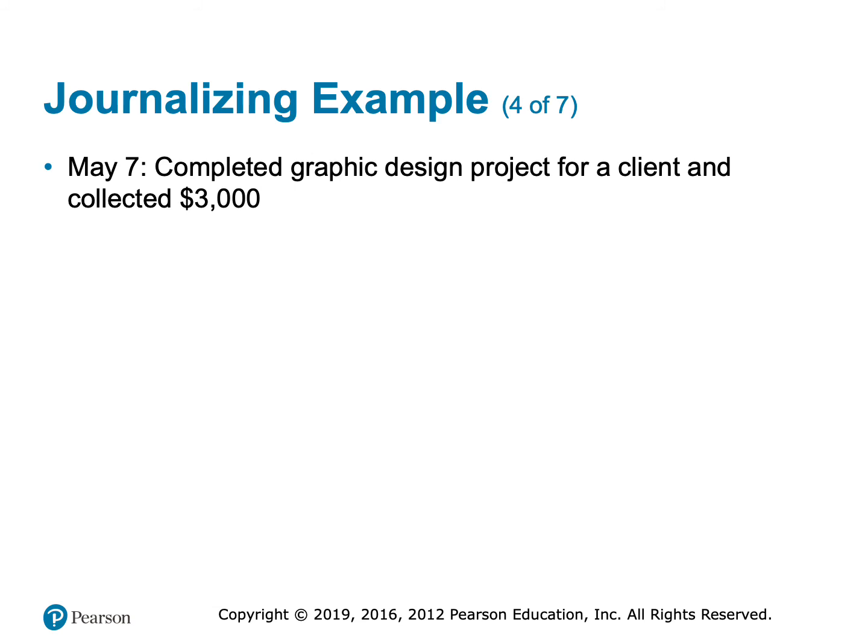So here we're told we completed a graphic design project for a client and we collected $3,000. Now, again, I'm going to keep writing A-I-D-R-E-V-E-L-E up here at the top so we keep remembering it. We remember, we're a graphic design company. So when we complete a graphic design project, that sounds like work. And anytime we've done work for a customer, remember, we automatically call that revenue. And revenues are always, always, always credited.